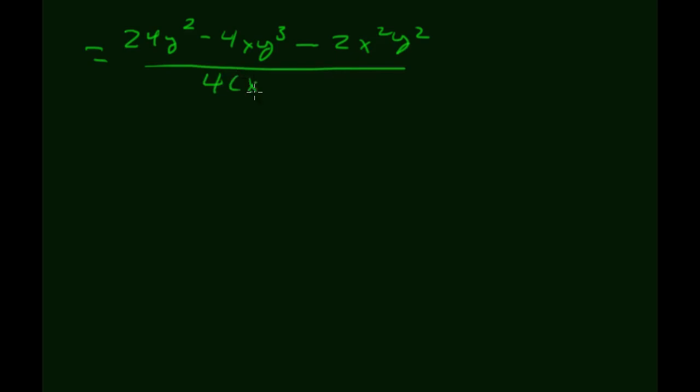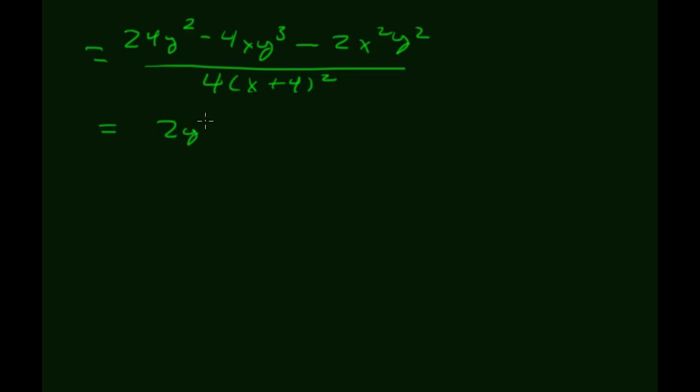Okay, so we left off with this 24y squared minus 4xy cubed minus 2x squared y squared over 4x plus 4 squared.